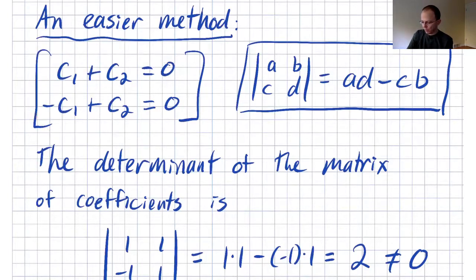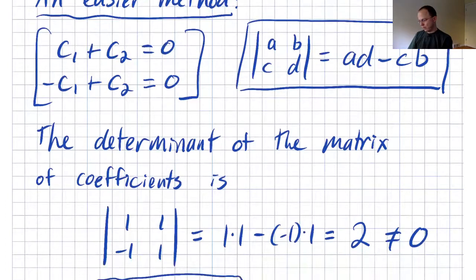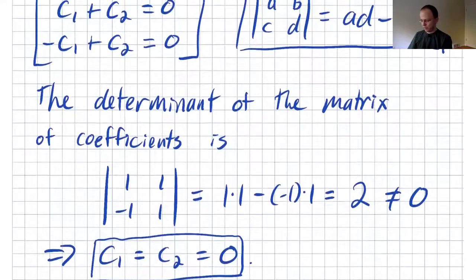And clearly, if I put zeros here, that's true. And if I put zeros here, that's true. So 0, 0 is a solution. And now we know that it is the only solution. So I just find this to be a lot easier than what we did above. You just simply do this determinant calculation, and you immediately find out if there is only the 0 solution or if there's another solution.